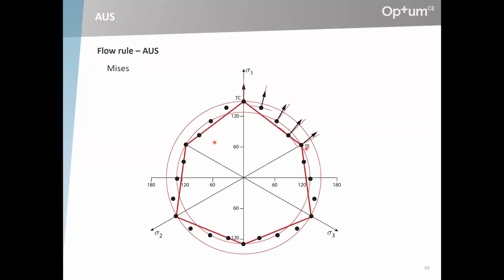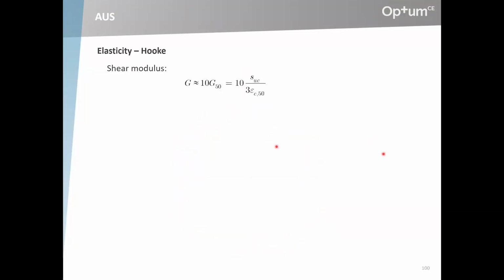These plastic potentials with straight lines in principal stress space are not exactly great, so I think the Mises circle is not too bad. Here is again experimental data, failure points, the black dots here, and then the strain rates at failure by the arrows. You can see it's not perfect, but it's pretty good and definitely better than an associated flow rule in this case. And then finally, the shear modulus.